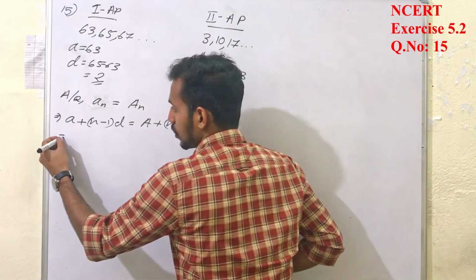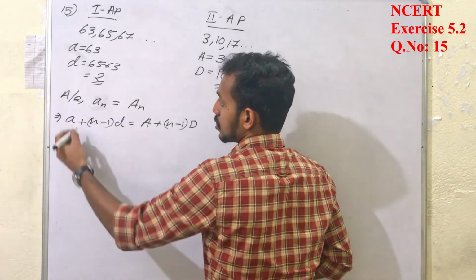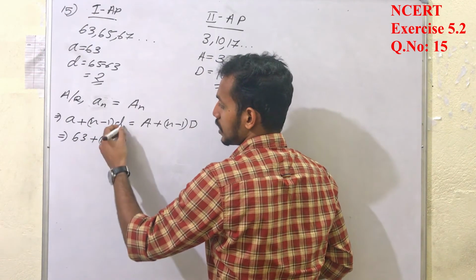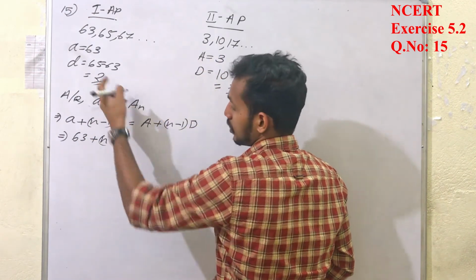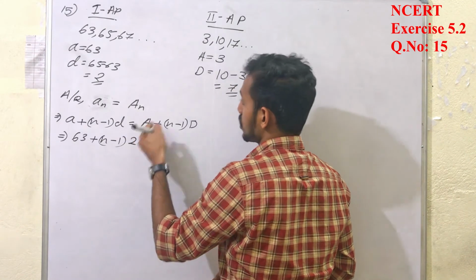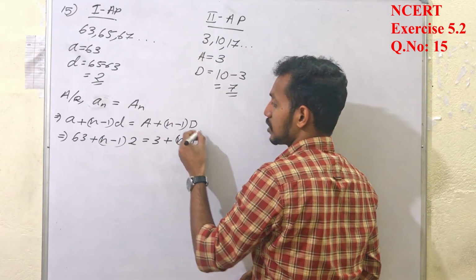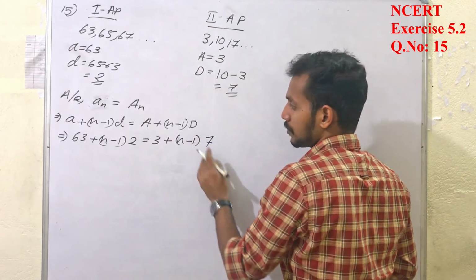That implies, what is a? a is 63, plus n minus 1 into what is d? Small letter d is 2, which is equal to what is capital A? That is 3, plus n minus 1 into capital D, which is 7.